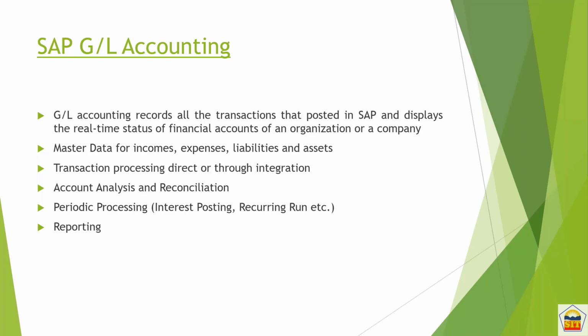We will be setting up those accounts and doing the posting for those accounts, and the system will let us know the balances. We will be able to pull out reports from this component, which can be presented to the management and shared with external parties like the bank and government. This lets us know the financial position of the company.